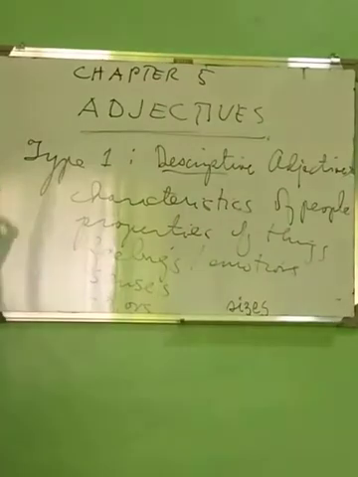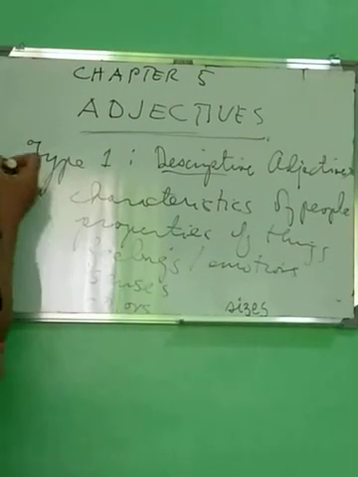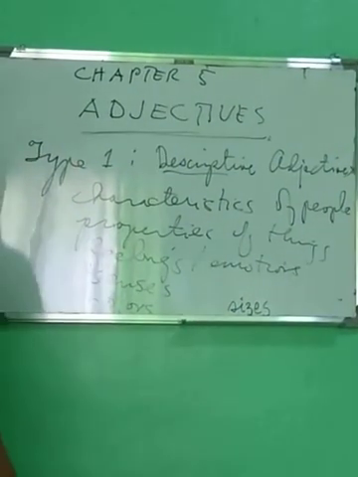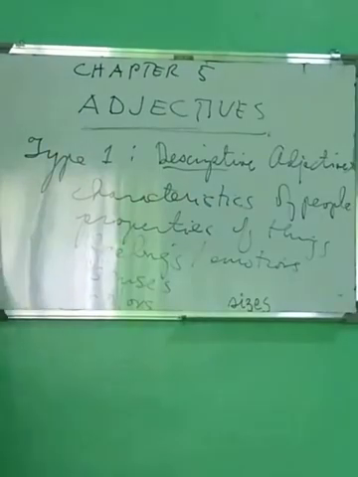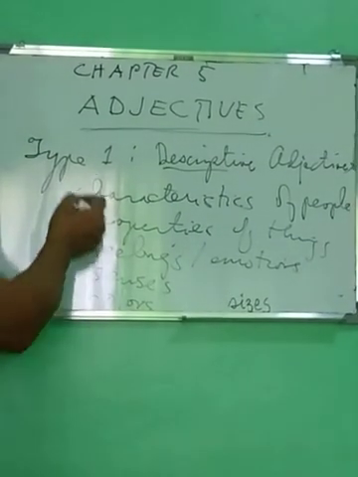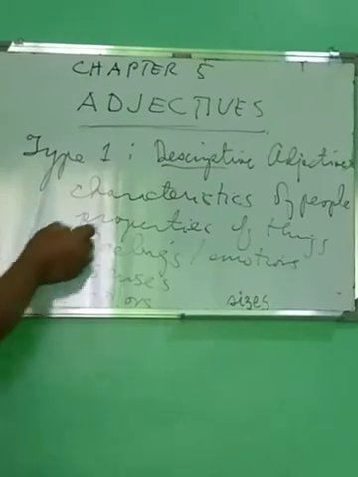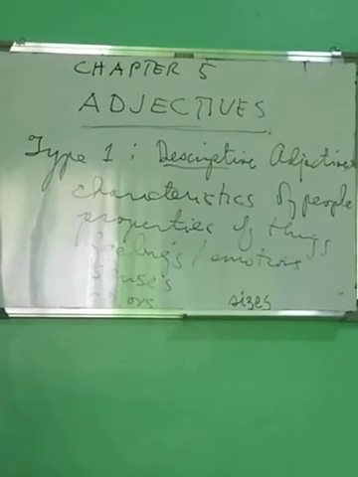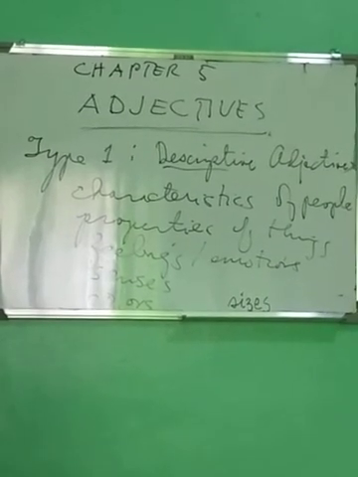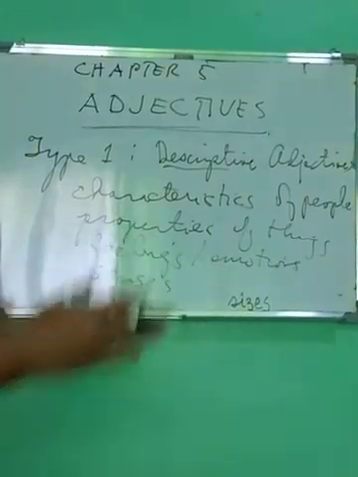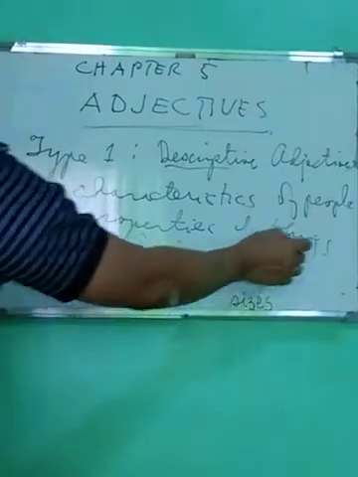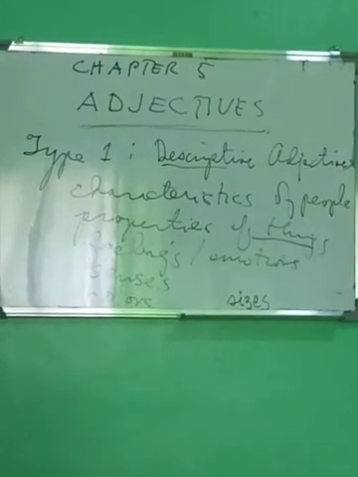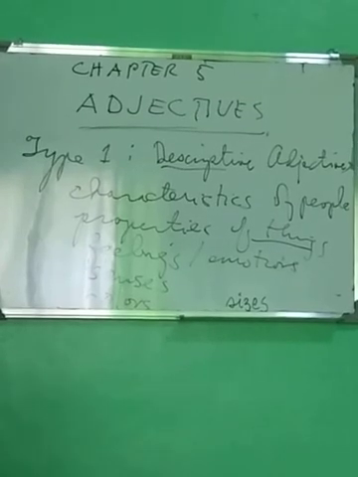We talk about characteristics of people. Examples of this would be beautiful, ugly, fat or thin. These are characteristics of people. Properties of things, for instance, huge, which would be big, narrow or wide. These are properties of things. For feelings or emotions, we talk about, well, you are nervous, you are happy, you are sad.